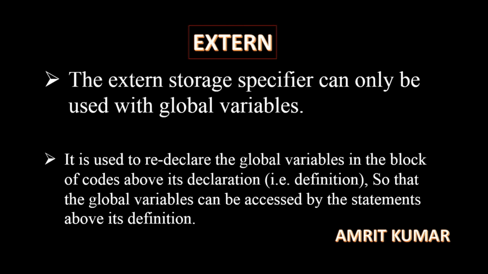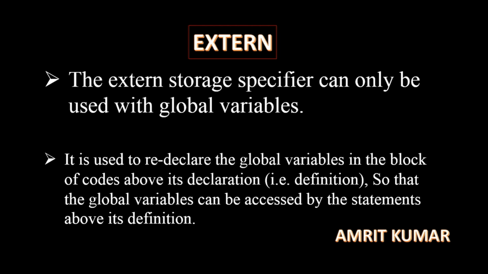What we are learning here is that the external storage specifier can only be used with the global variable. It is not going to be used with the local variable. Otherwise, the program is not going to run; there might be some error.